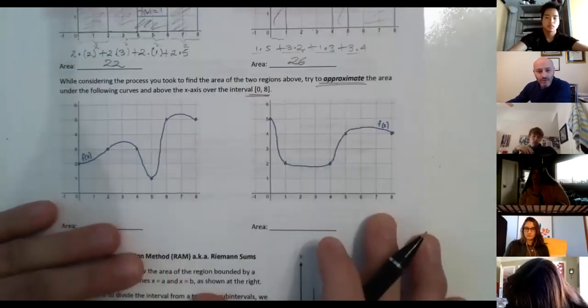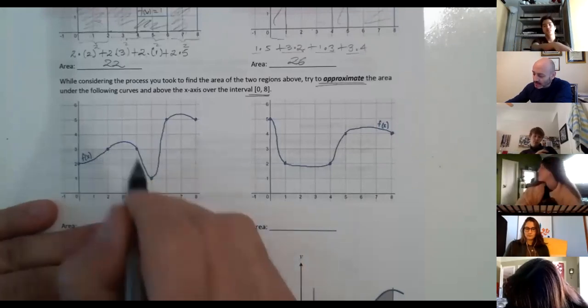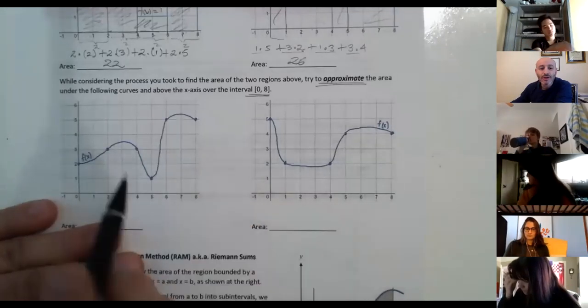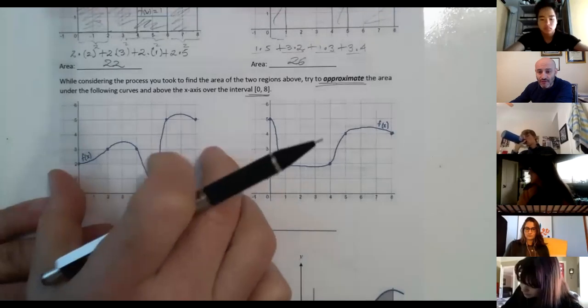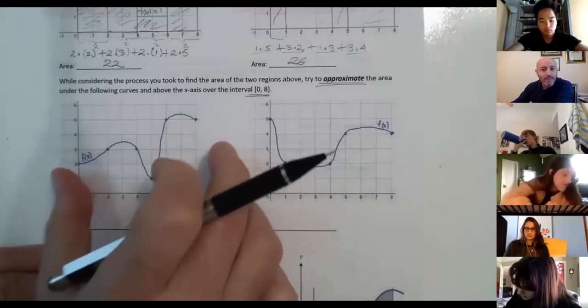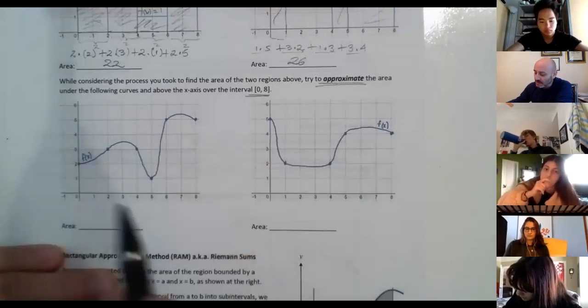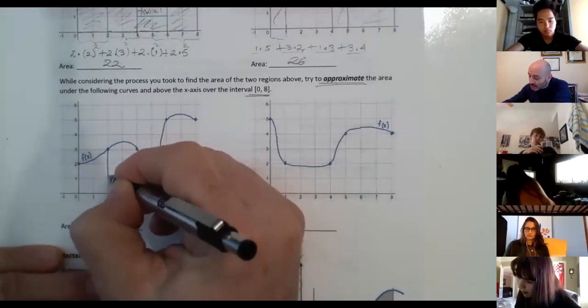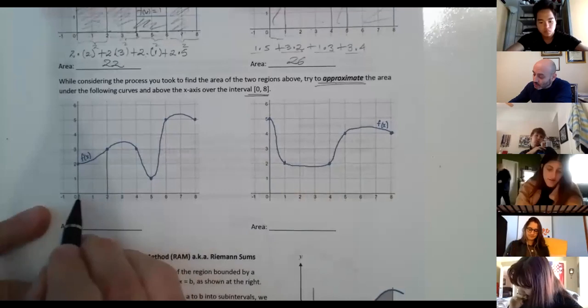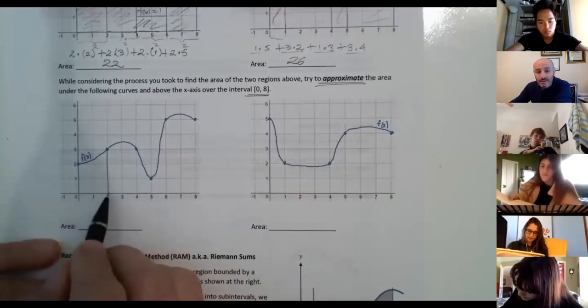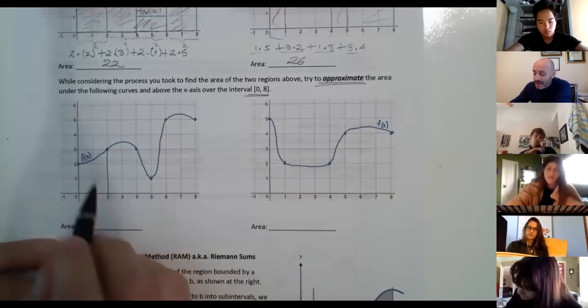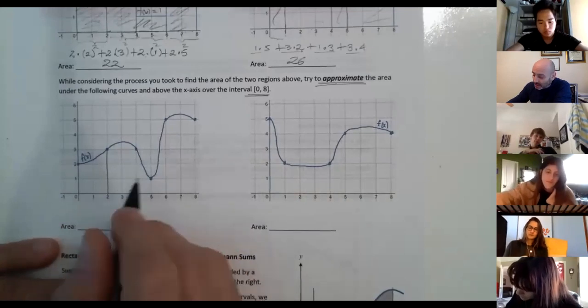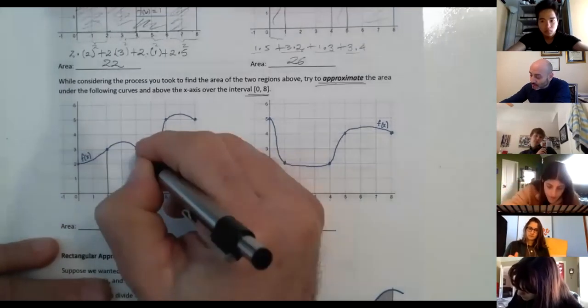So if you notice, there are some points already in the curve. I'm gonna use those points on the first graph to make my estimation. So basically what I'm saying is I'm gonna use this to create my first rectangle. So my first rectangle goes from 0 to 2, okay? My second rectangle is gonna go from 2 to 4.